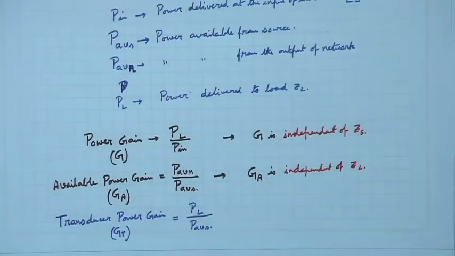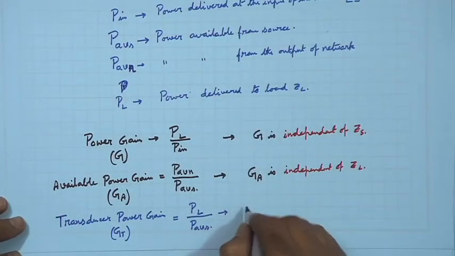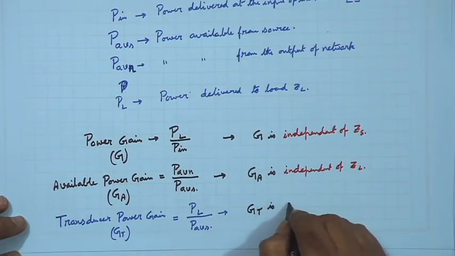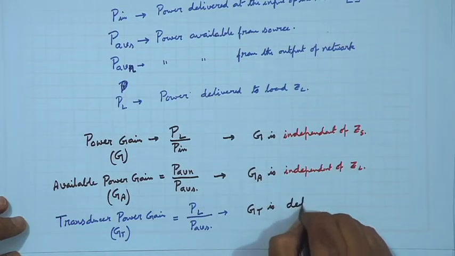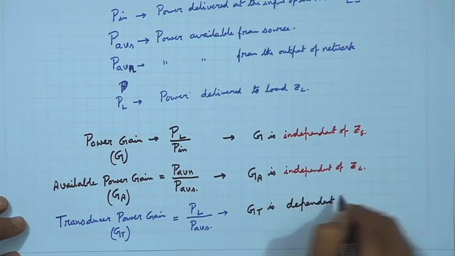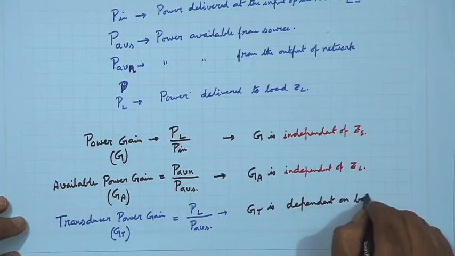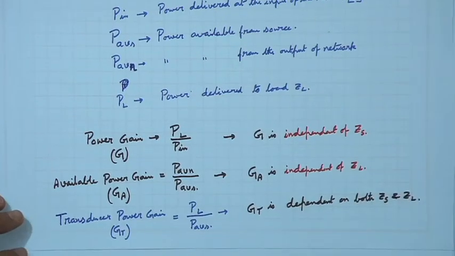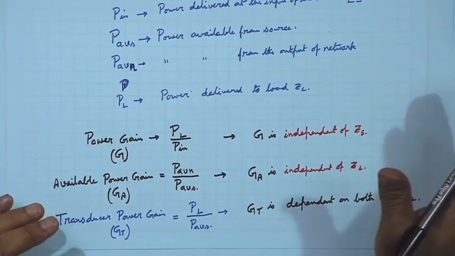This is the most important one, and you see I can write that G_T is dependent on both Z_S and Z_L. So, when complete loading is there, both on the load side and the source impedance is considered, then what is my power gain?